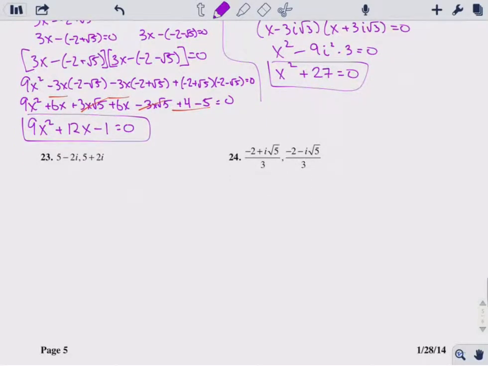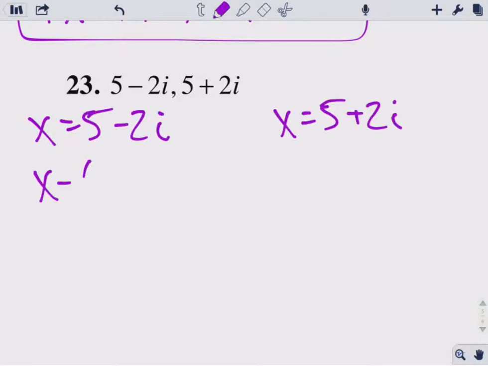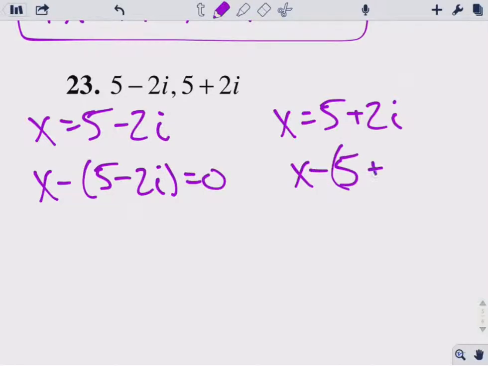Alright, so here, x is equal to 5 minus 2i, x is equal to 5 plus 2i. Get x minus 5 minus 2i equals 0. X minus 5 plus 2i equals 0.